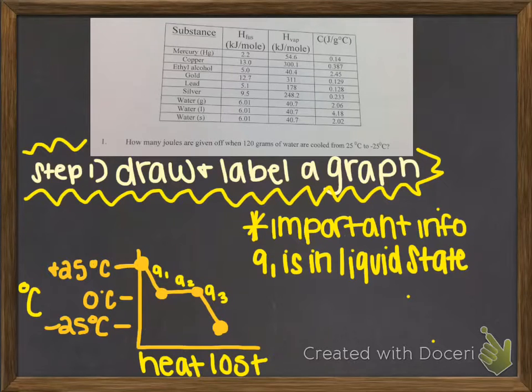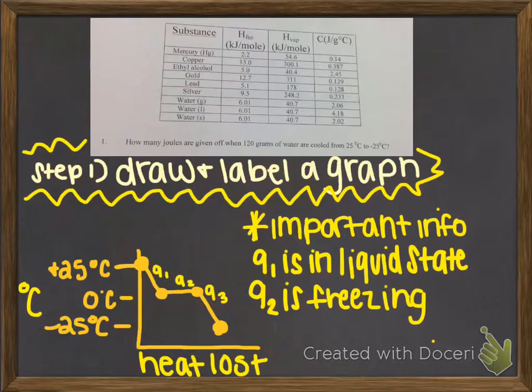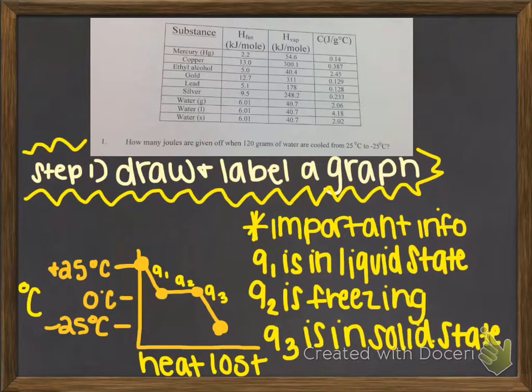Q1 is in the liquid state because it hasn't been frozen yet. Q2 is being frozen because it's at 0 degrees, which is the freezing point. And Q3 just went through being frozen, so it is now a solid. I find writing these 3 things really helps me with step 2 and step 3.